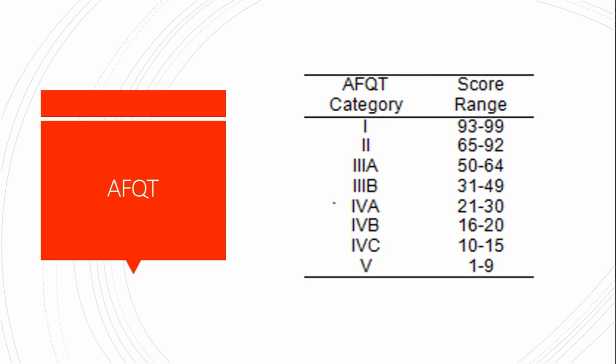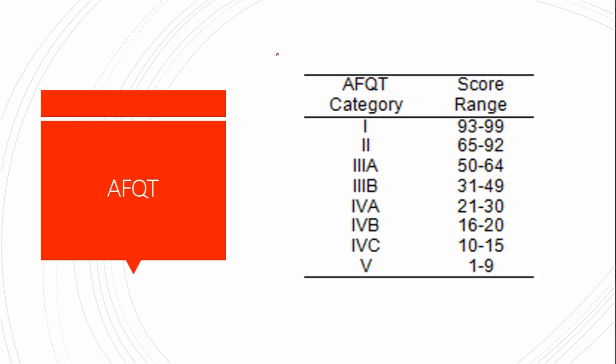What's more, once you complete the ASVAB, you're going to be given scores for each of those 10 subtests, as well as an AFQT score. AFQT stands for Armed Forces Qualification Test. And it's the score that says this person is yes, qualified to join the military, or no, not qualified to join the military.